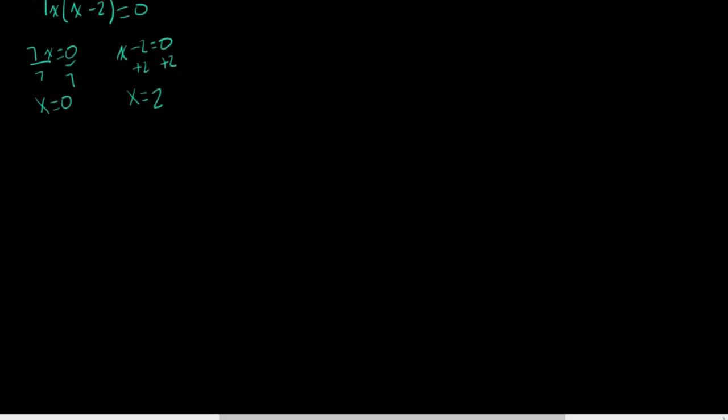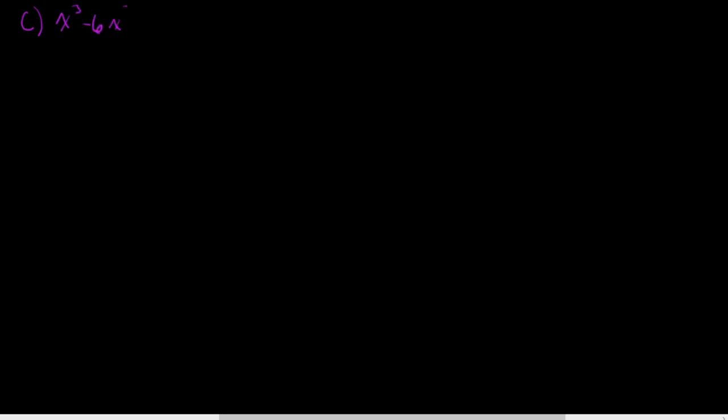Alright, so C is the next one. C says x cubed minus 6x squared minus 7x equals 0. Again, I'm going to check for a common factor.